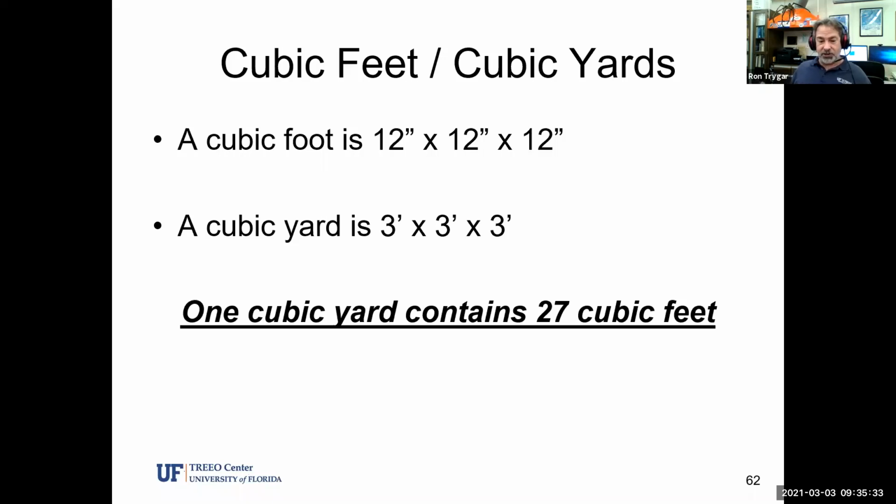It's a large cube that is essentially 3 feet by 3 feet by 3 feet. Multiplying these together, 3 times 3 times 3, I get 27 cubic feet in 1 cubic yard. A yard is 3 feet long, so 3 feet by 3 feet by 3 feet would be 27 cubic feet.